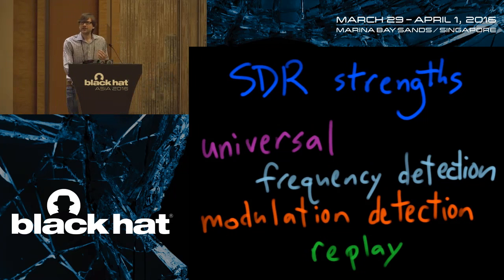And when you are doing reverse engineering, SDR is particularly handy. It makes it easy to detect the precise frequency of transmission of the system. It makes it easy to reverse engineer the modulation, to figure out what the modulation is. And SDR also is extremely good at replay. I can capture a radio signal and replay it without even having to analyze it, just like hitting record on a tape recorder and then playing it again.